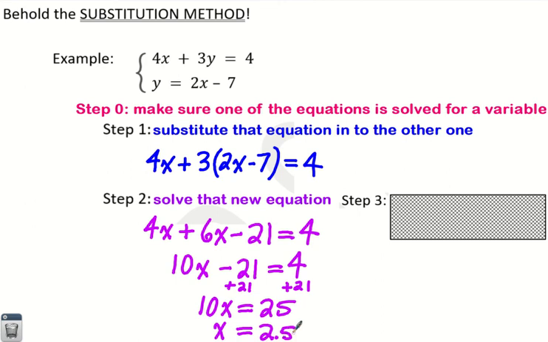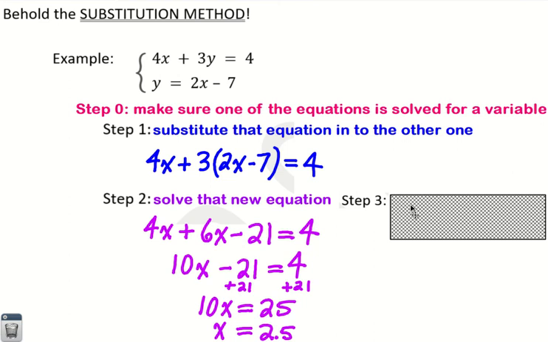So maybe the graphing method would be a little inconclusive. If you're looking at that going, I think the x coordinate is 2.5, but am I positive? And so this substitution method is ultimately going to be more reliable overall. And then guess what? We're not done. Step 3, what do we still need to do?